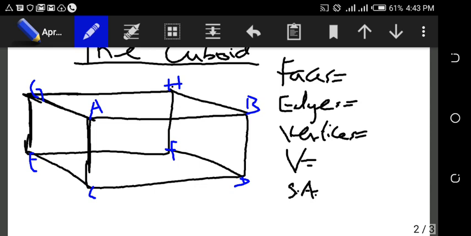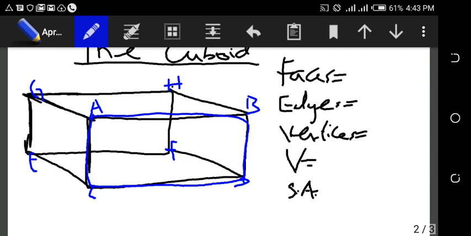A face, for example, would be A, B, C, D. That is a face. Another face could be A, G, E, C. That's a face. E, C, D, F. That's another face. So when we want to count the number of faces, let's identify. This is 1.